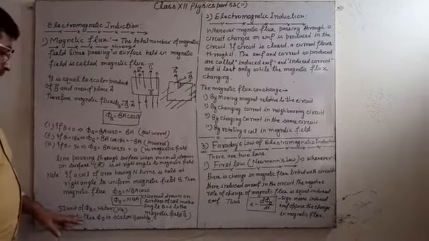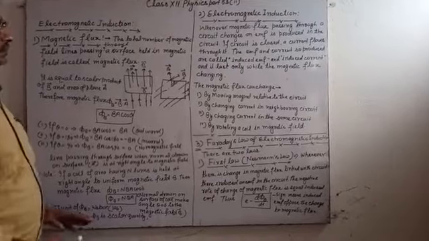Magnetic flux phi B is a scalar quantity.